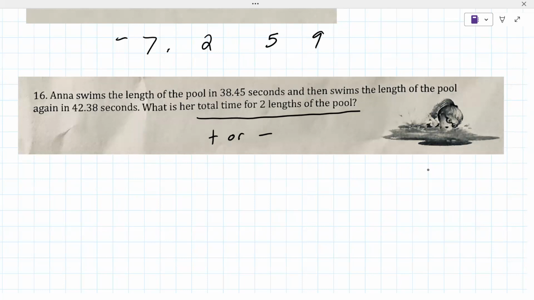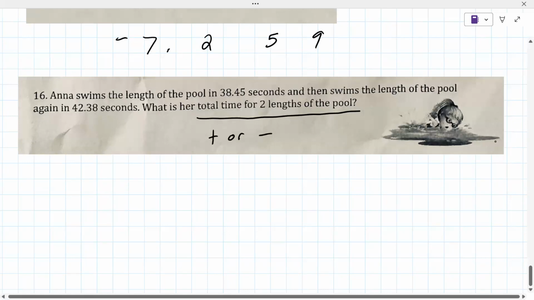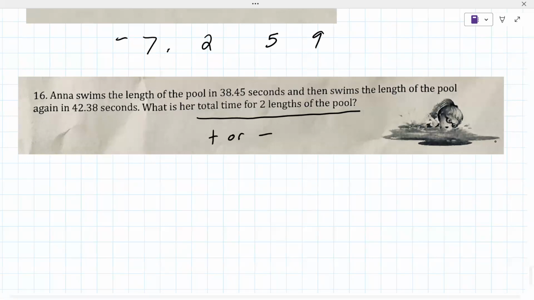So you're going to add those 2 numbers together, please. 80.83.